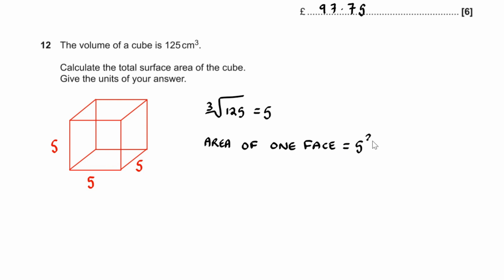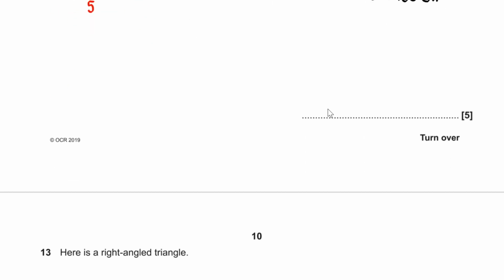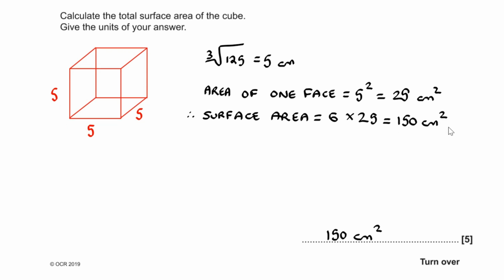That will be 5 squared, which is 25, and therefore to work out the surface area, that's equal to, well, we've got 6 faces multiplied by 25, so here we would have 150 centimeters squared for the total surface area.